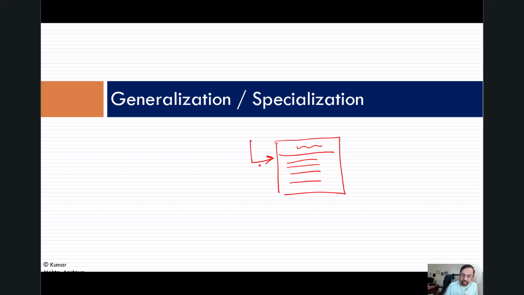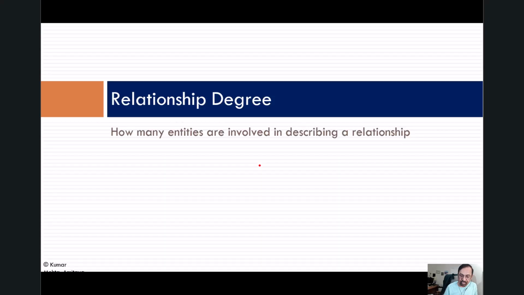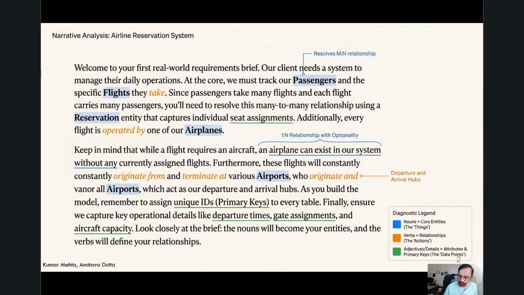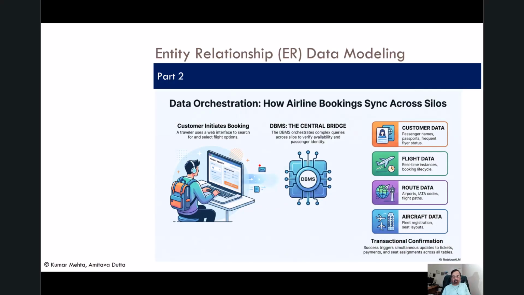And let me go back to a couple of examples that I mentioned at the beginning of our discussion today, the airline reservation example. The comments that I had made were that yes, you have this entity called aircraft, you have this entity called route.